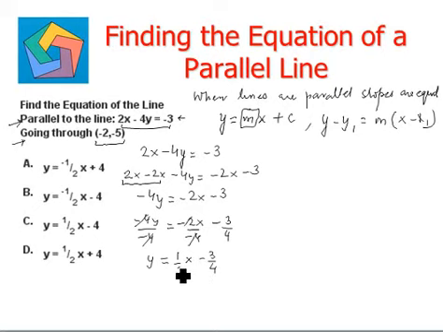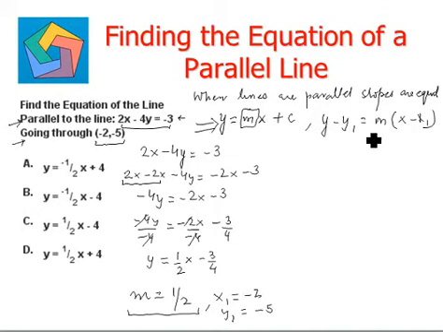Now comparing this to the slope intercept form, we get m equals 1 half. Now we have the slope as 1 half, and the point given is x1 equals negative 2 and y1 equals negative 5.